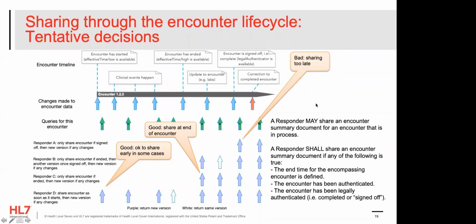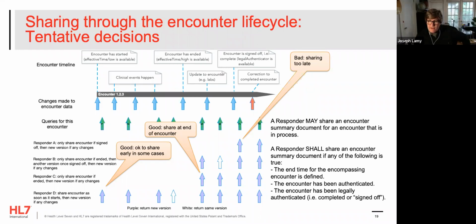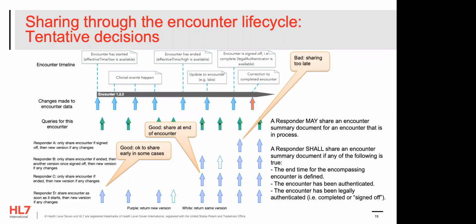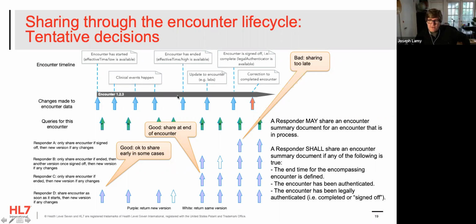And I wonder in those scenarios if payers might need documents before the encounter is done. Right now we leave it all up to the discretion of the responding system. You've gotten a query and you're going to somebody else and saying, give me your encounters, and you have to decide what's acceptable to give me or not. Up until the end time of the encounter, we leave it up to the responding system. After that, it's a shall.